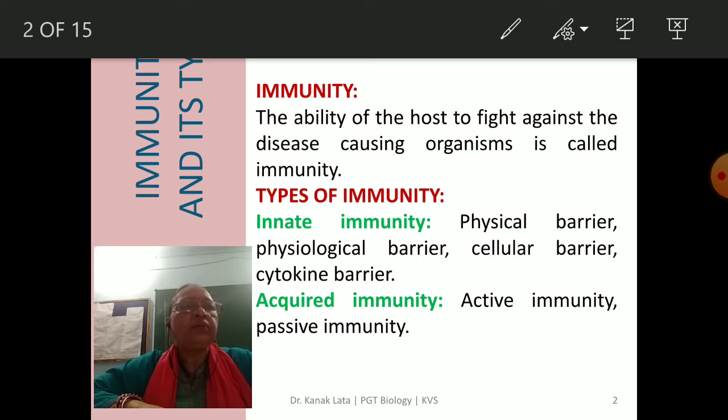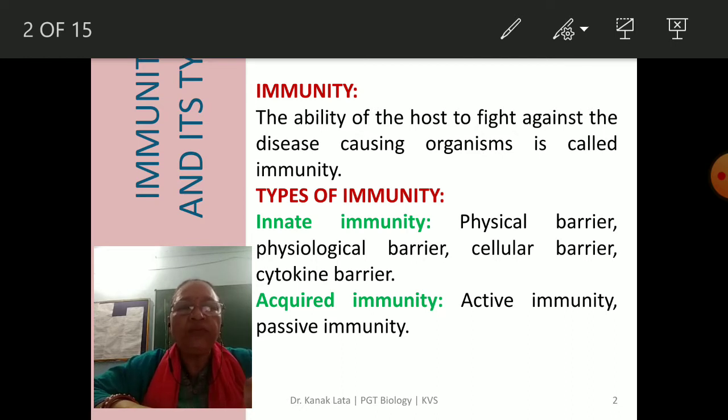We know that every day we are exposed to a large number of infectious agents, but only a few exposures will result in disease. Why does this happen?